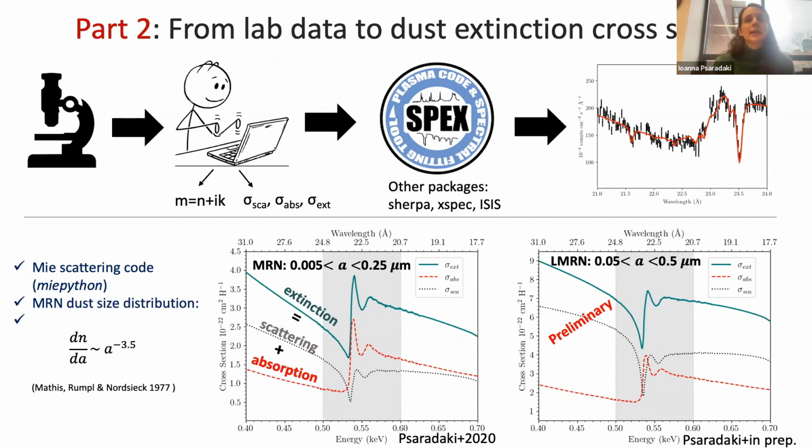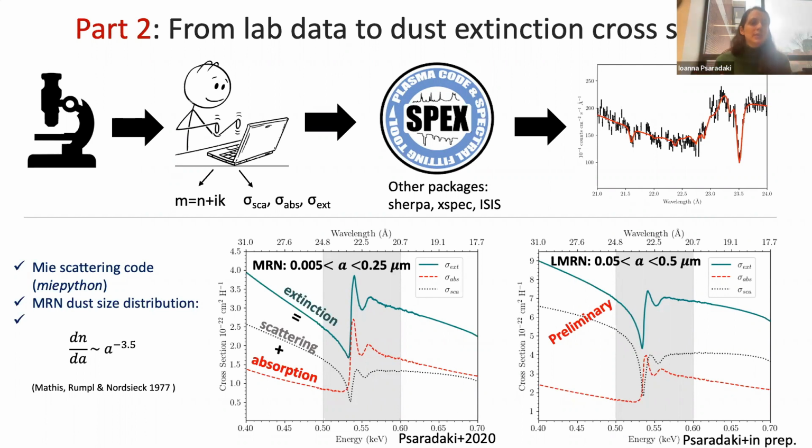MRN is a very typical dust size distribution that we use nowadays. What we notice is that the scattering component of extinction, as you can see here, becomes larger as the grains become larger. So that's a clear indication again that we can start to probe the size of the dust grains.